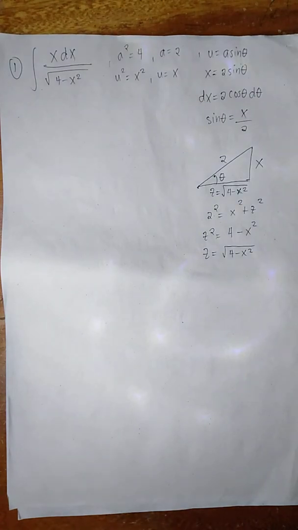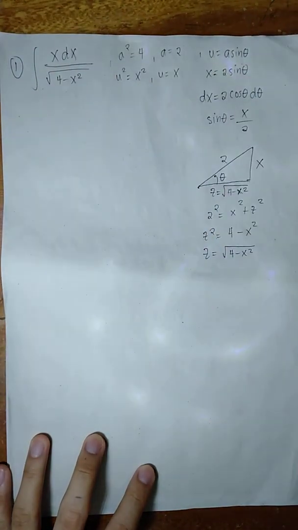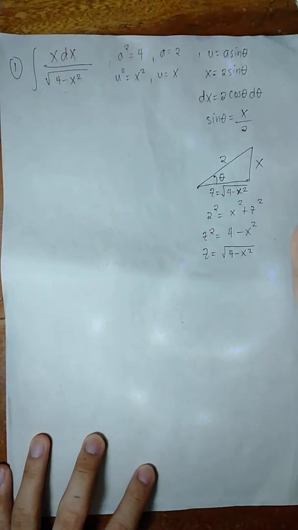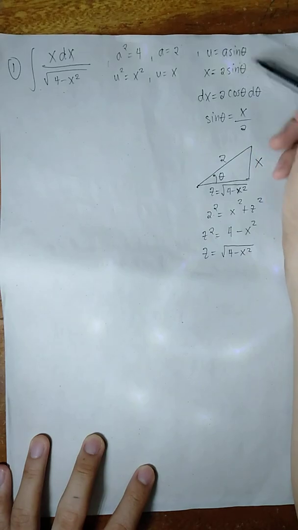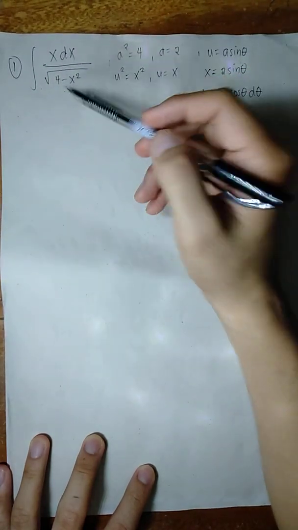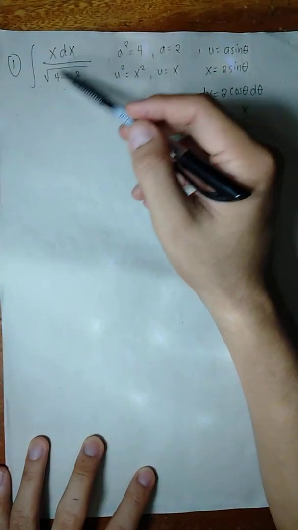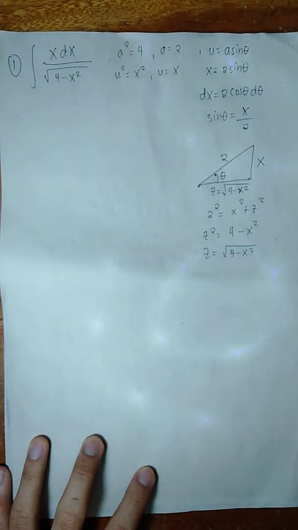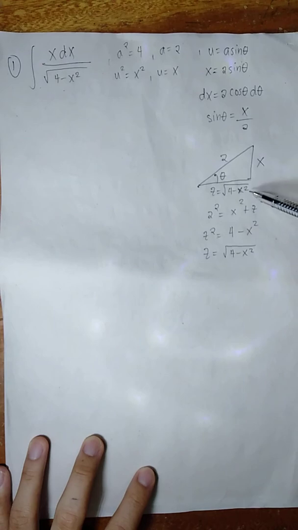Okay? So we could now replace. How can we replace this one? Our x, we can replace x by 2 sine theta. And how about this one? How can we get an equivalent trigonometric substitution? Let's go back to our triangle. How can we relate this?